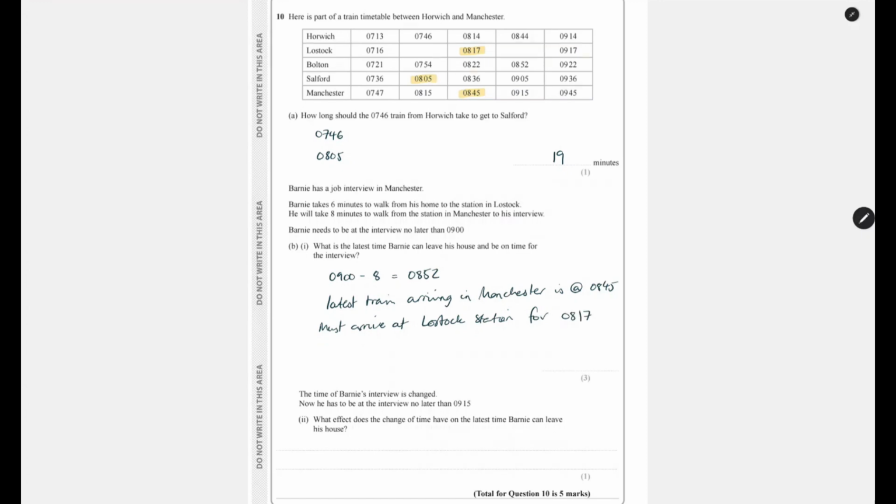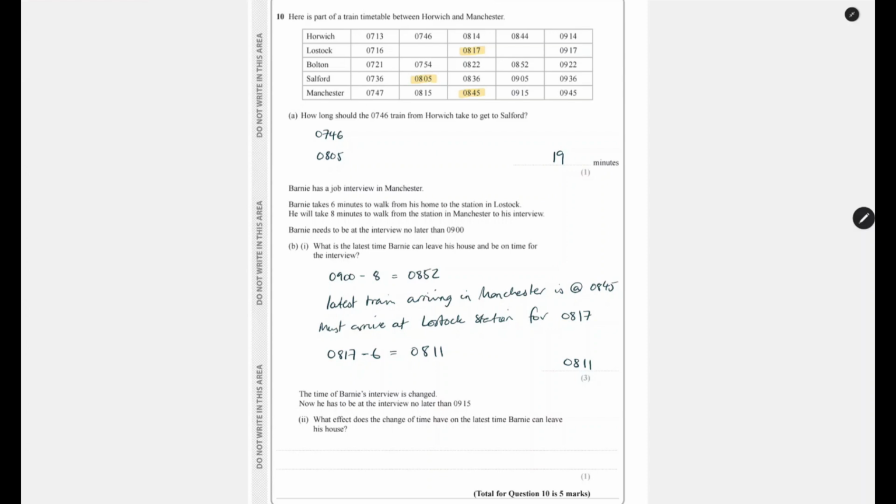Now the question says that it takes 6 minutes to walk from his home to the station in Lostock. So if he has to arrive at 8:17, the latest he can leave his house is 8:17 minus the 6 minutes, and that is 8:11. And so the answer is 8:11 in the morning.